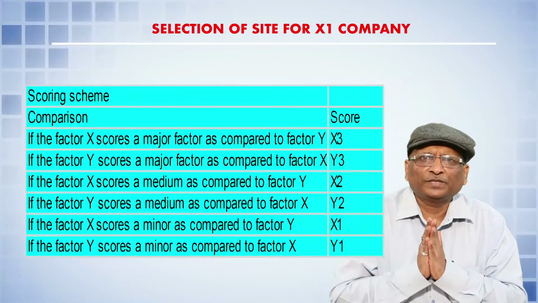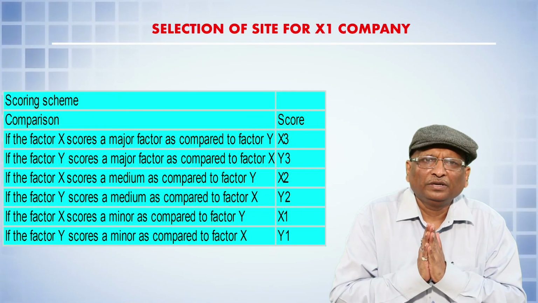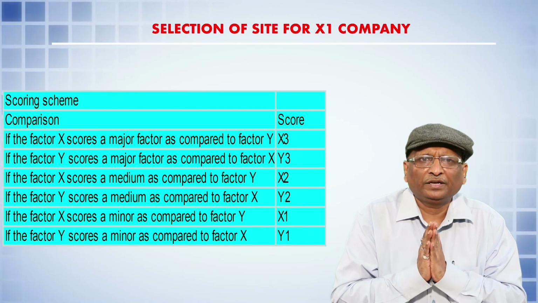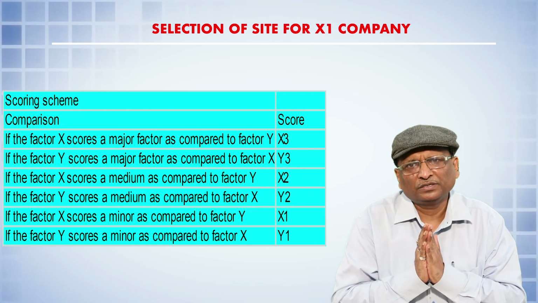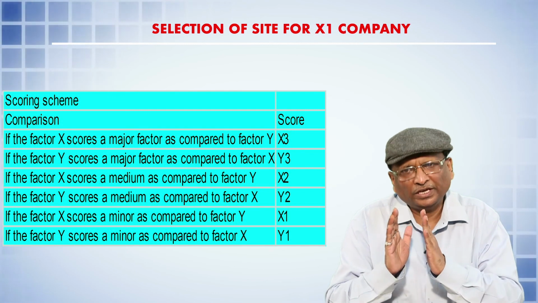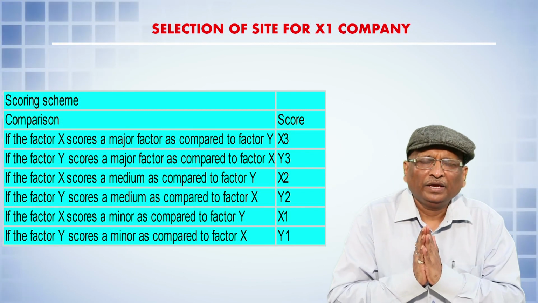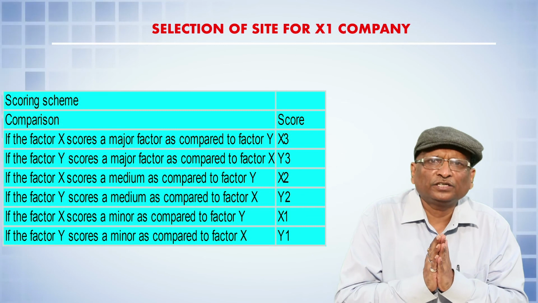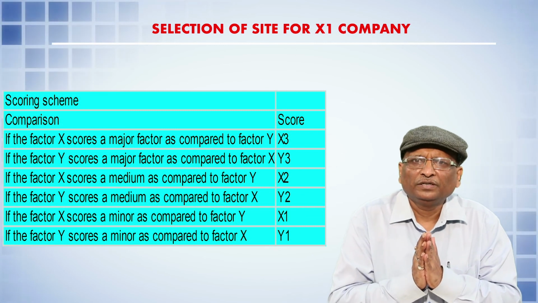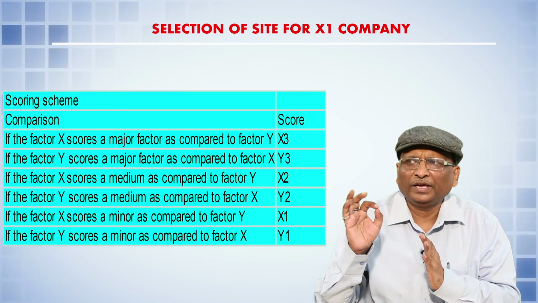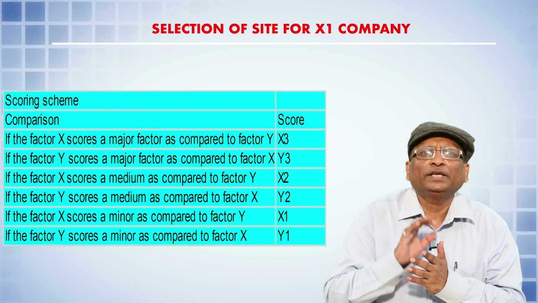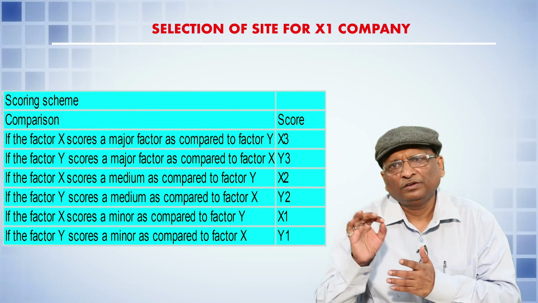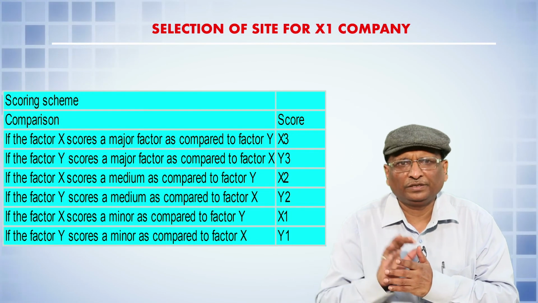In the selection of site for X1 company, under this technique, we try to compare 2 factors on the scale of 1 to 3, and if factor x scores as a major factor to factor y, we give the score x3. If y scores as a major factor to x, we give the score y3.